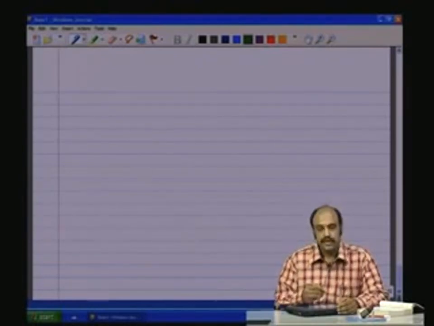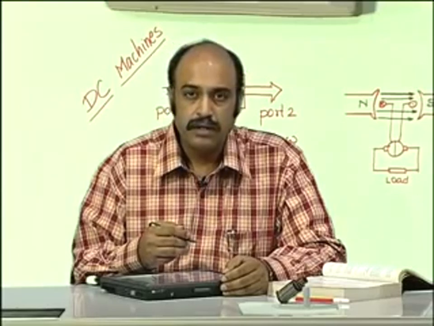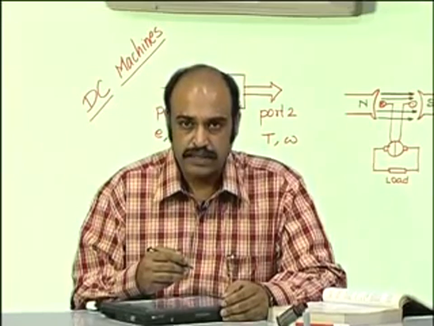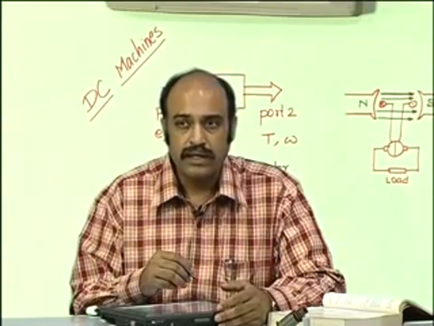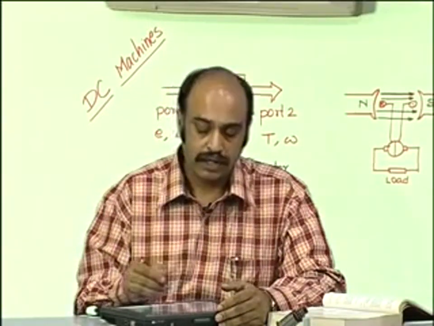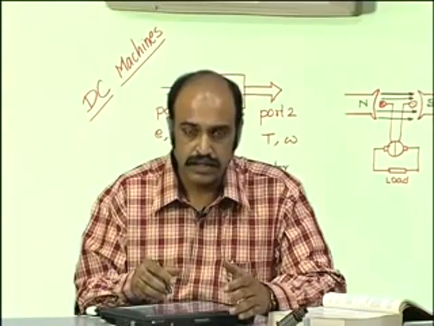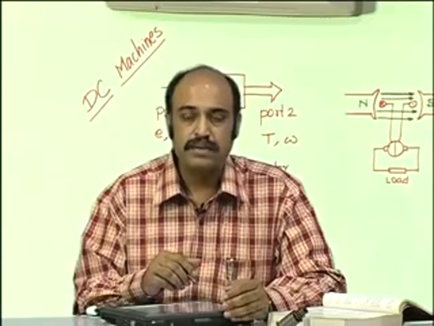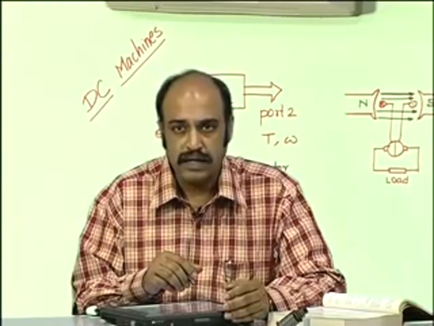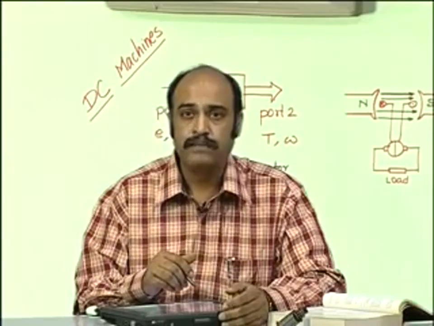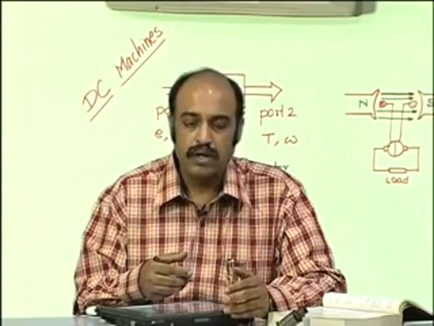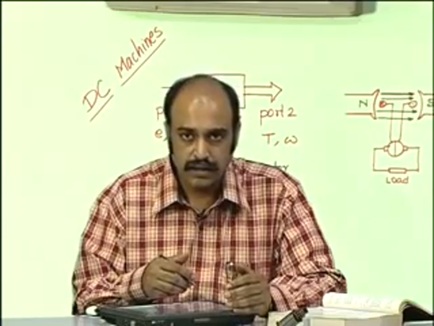The general state equation, that is in the form x dot is equal to Ax plus Bu, y is equal to Cx plus Du, so that you can do any analysis on any type of generator, because all DC generators fall under the similar constructional principles and operational principles, and thereby they can be mathematically modeled. We will look at the mathematical model of the DC machine, DC generator.